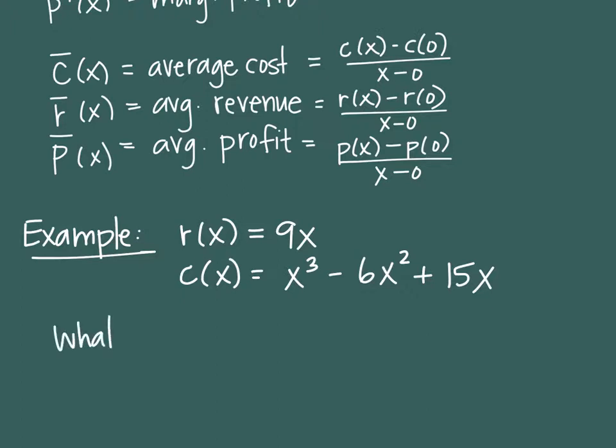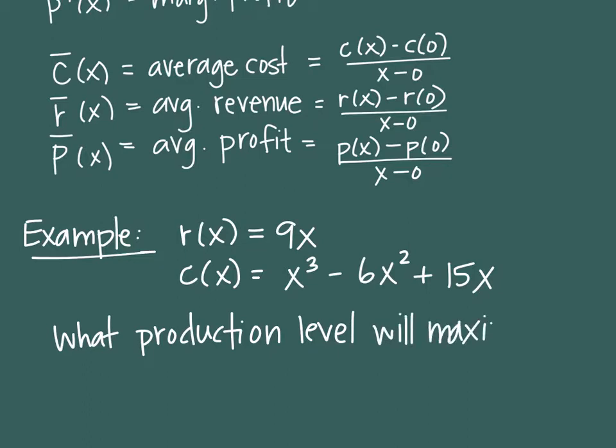And the question is, what production level, how many x's, will maximize their cost? Excuse me, maximize profit. That's what we want to do. We do not want to maximize cost.